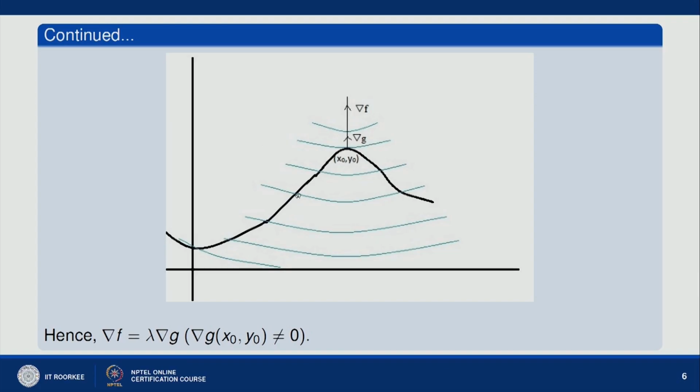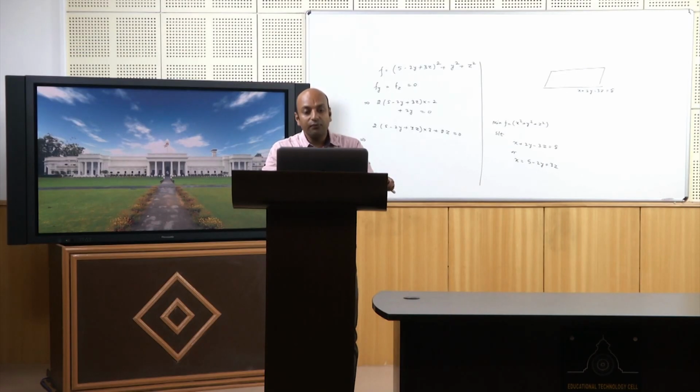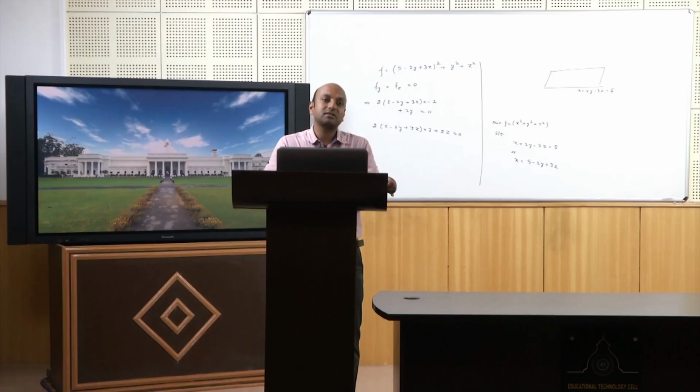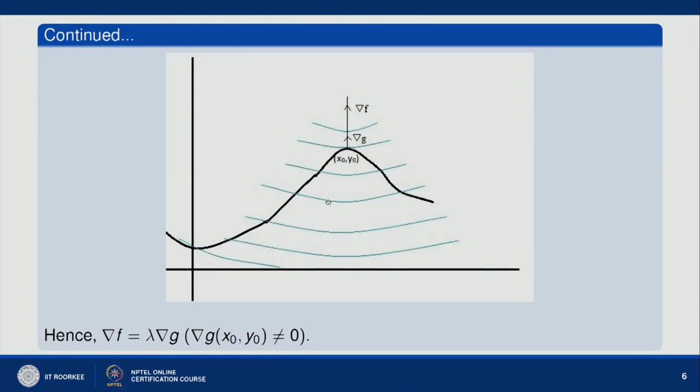We can simply observe that at the point (x0, y0), the contour which touches at this point will give the extreme values. Because if we go inside the region where it intersects g(x, y) equal to 0, then the value of the function may increase or decrease further.